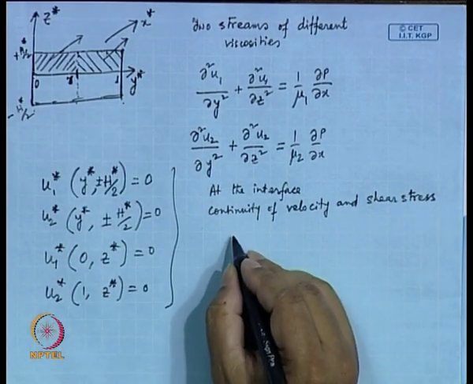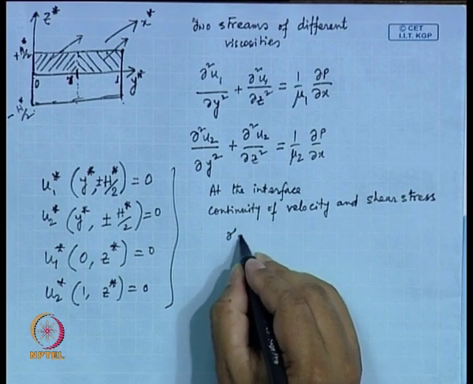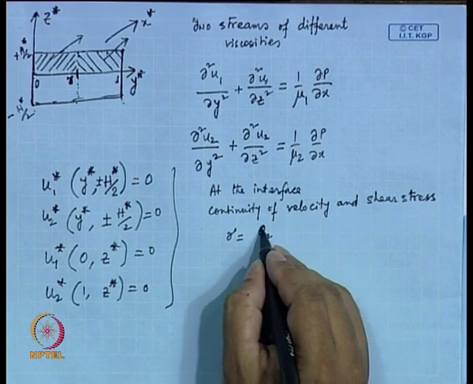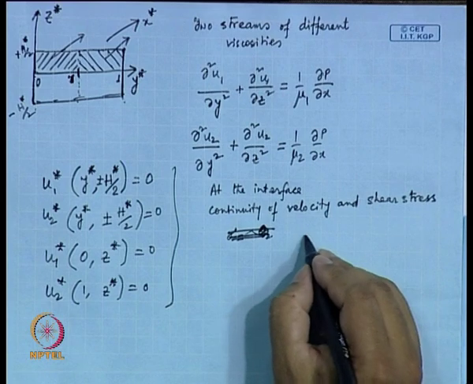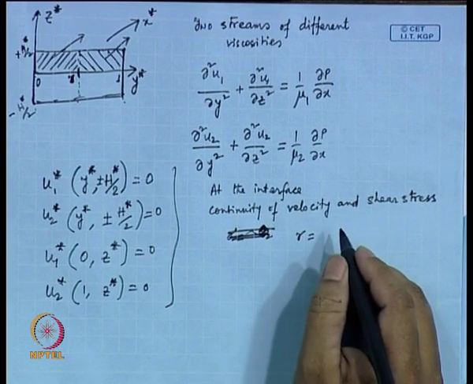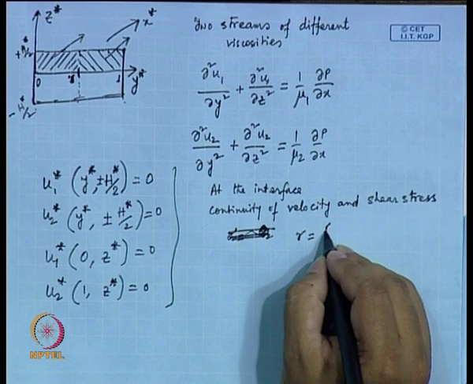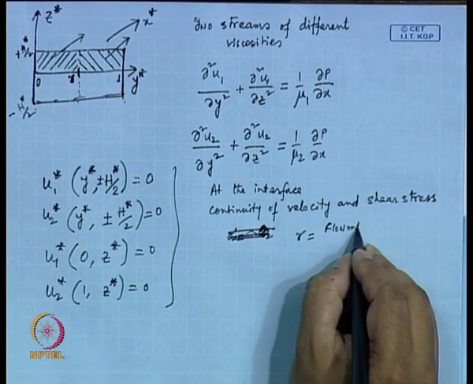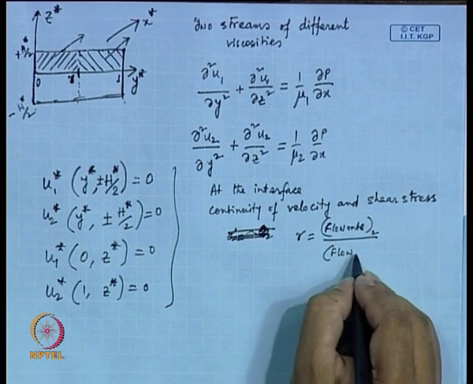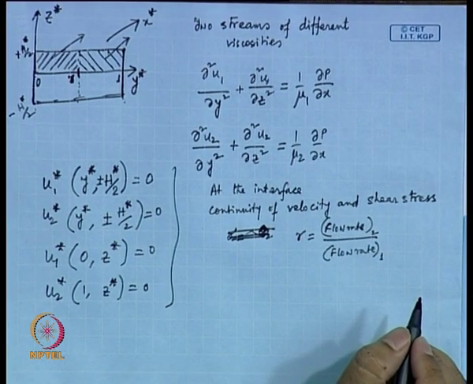So then this gamma would be equal to q2 star divided by flow rate 1, that will define the position gamma.